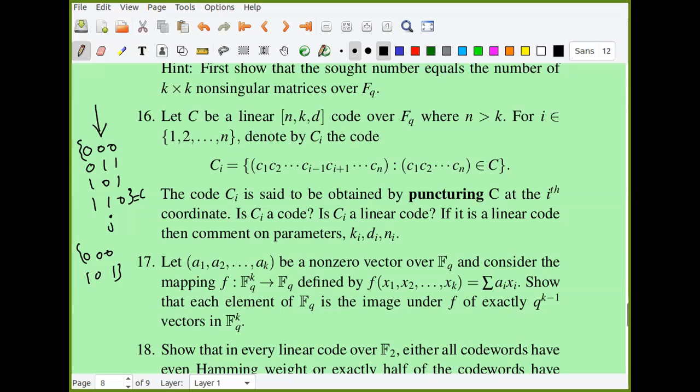Is it a linear code again? Yes, sir, it is a linear code. You see that in R3, I am collecting all the vectors which are 0 in the last position, right?